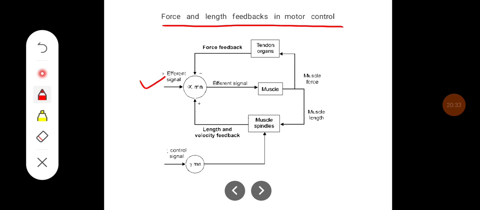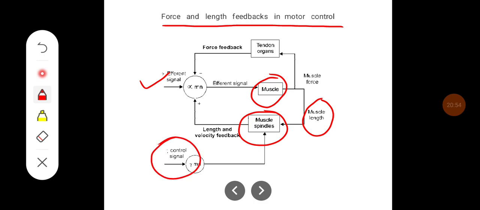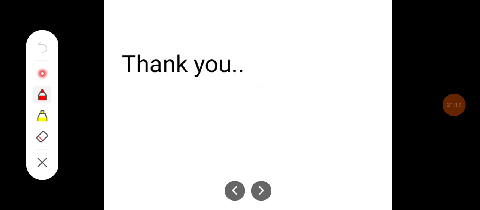When there is a stimulation of the alpha motor neurons, obviously it is going to cause the contraction of the muscle fibers, and the muscle length feedback is given usually by the muscle spindles to the alpha motor neurons, and it is also regulated by the gamma motor neuron activity from the descending pathways, whereas the force of the muscle is going to be detected by the tendon organs, and if it increases, it causes the reflex relaxation of the muscles and reduces the force. So this is in brief about the muscle spindles.